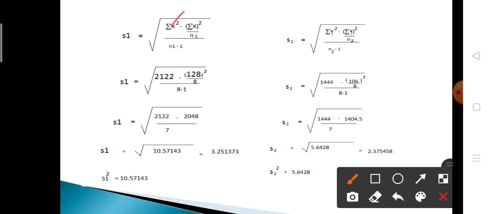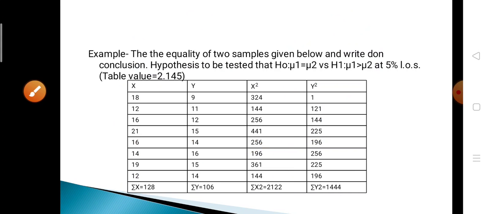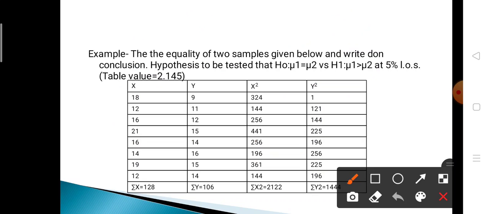So here we need the summation x square, and S2 formula is summation y square minus (summation y) square upon n2, whole divided by n2 minus 1, and its square root. So here we need the summation y square. So first make the columns x square and y square. What is meant by x square? Just squaring all the values of x, and y square is just squaring all the values of y.